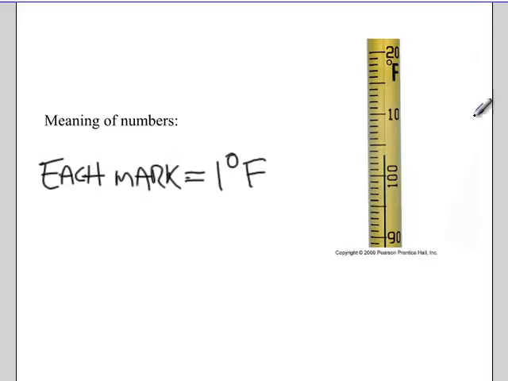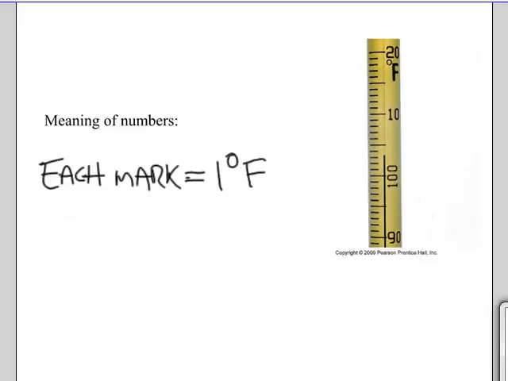The key when you're recording the temperature is to record things with the correct number of digits. So if we look more closely, the temperature is greater than 100. We know it's greater than 101, 102, 103, but it's not yet 104. So the temperature is somewhere in between 103 and 104.